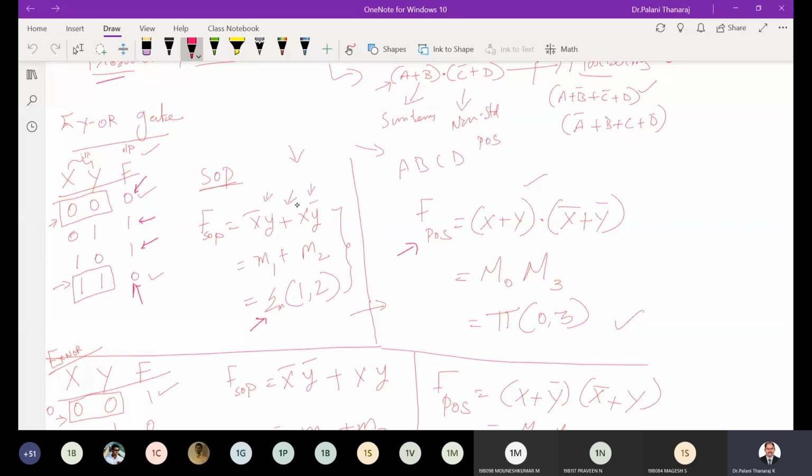Likewise you can write, and these are the max terms. You can write as capital M, and you can subscript with the decimal value of the variable. So you can see the decimal values 0 and 3, and you can write in this form also as pi, because it is product of max terms, right?